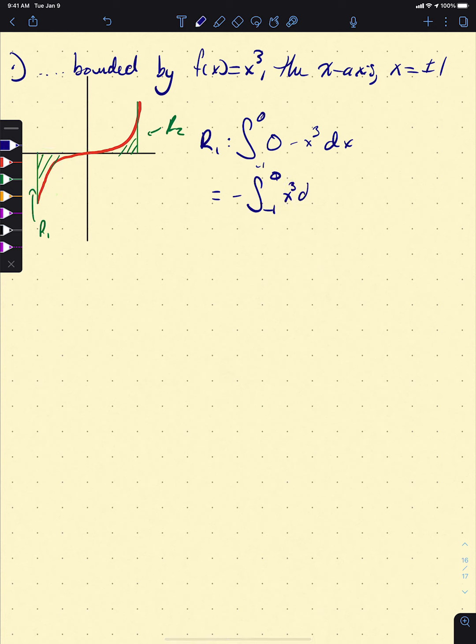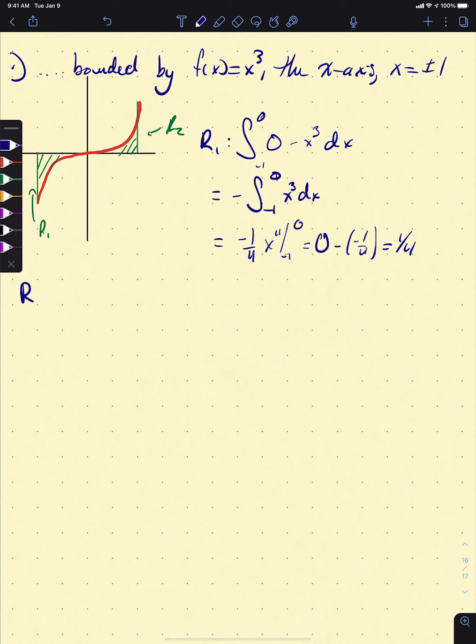And so we're going to get x cubed dx. Evaluating this, we're going to get negative 1/4 x to the 4th between negative 1 and 0, which is going to be 0 minus negative 1/4, or 1/4.